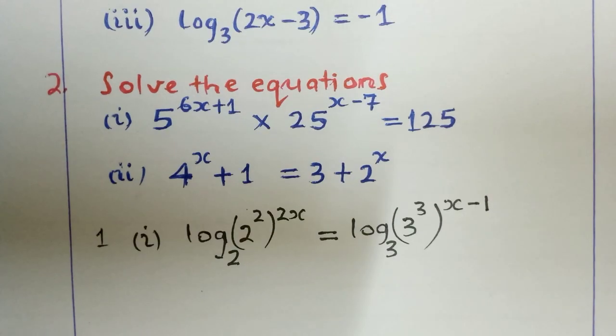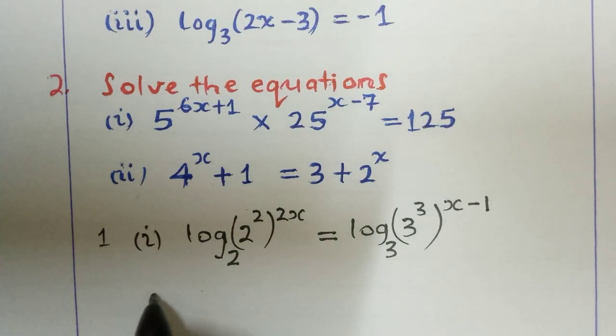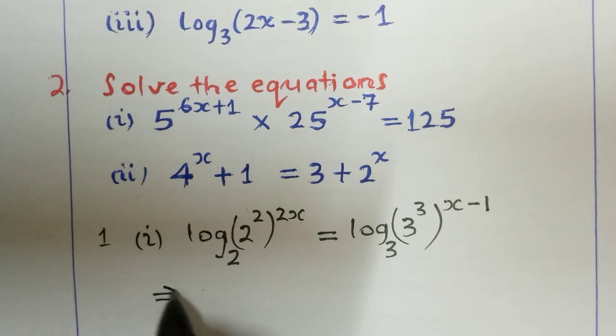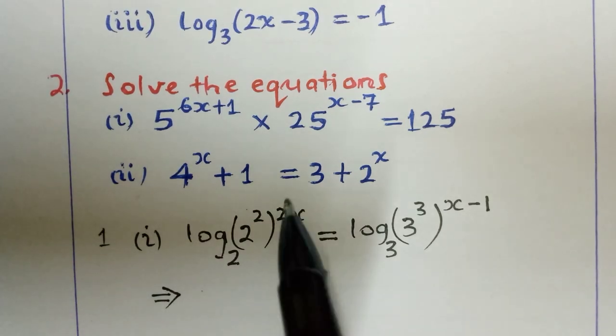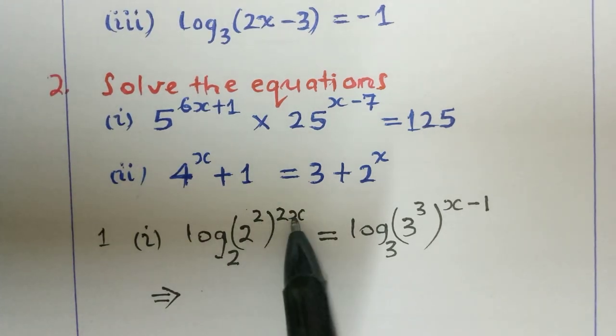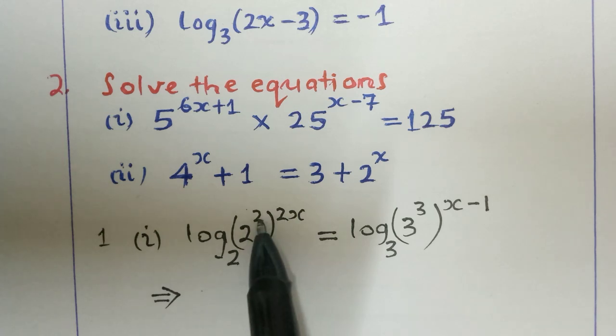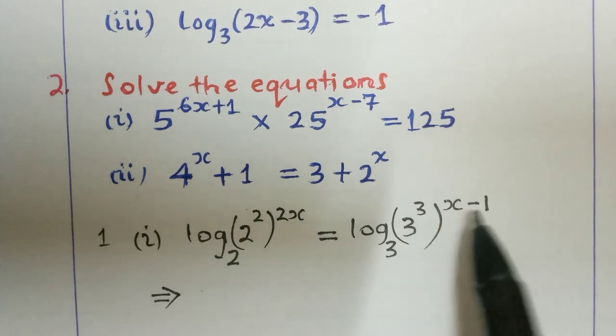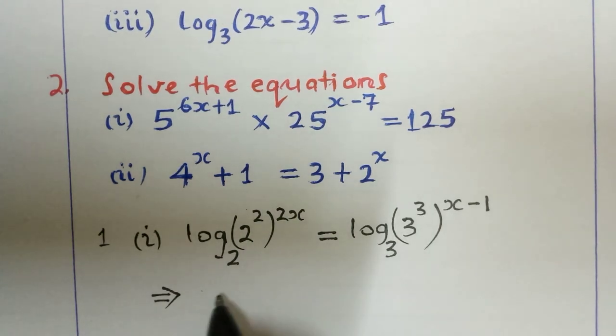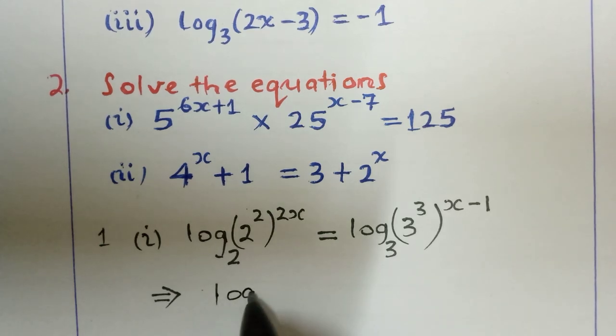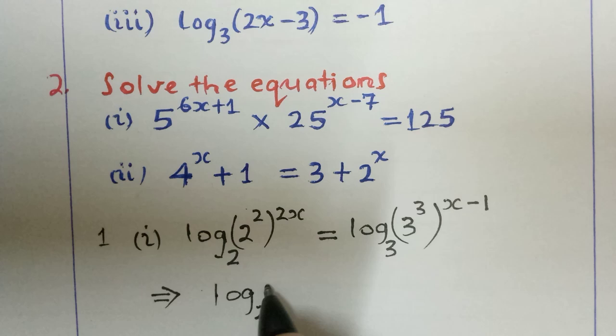From there, I can now combine these two. According to the laws of logarithm, you are supposed to multiply that and that. So this one is going to give us log to base 2, that is log of 2 raised to 2 and 2x to base 2.